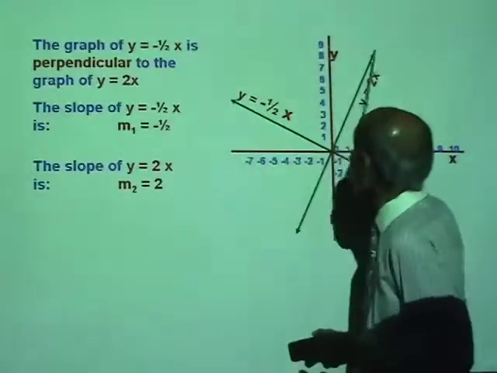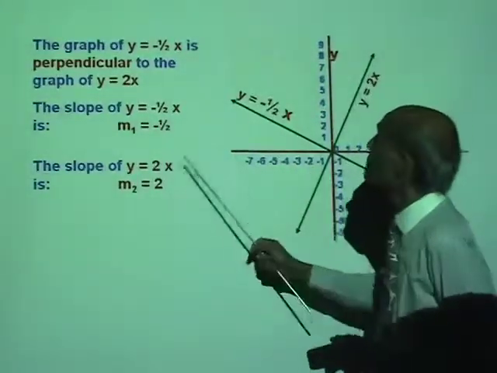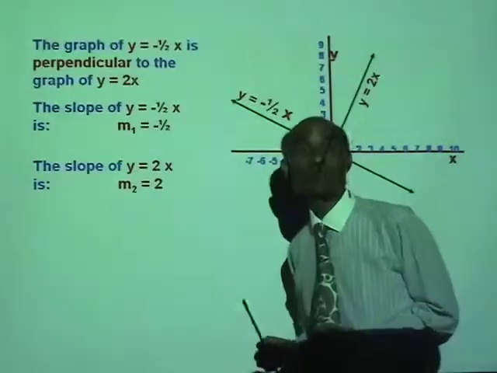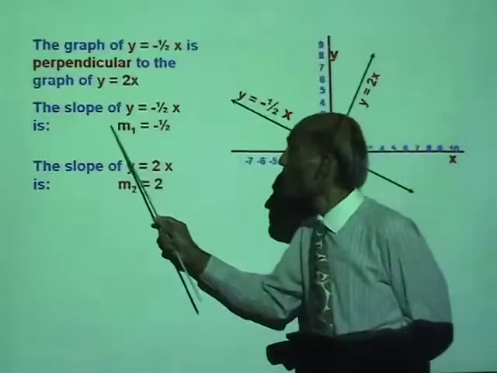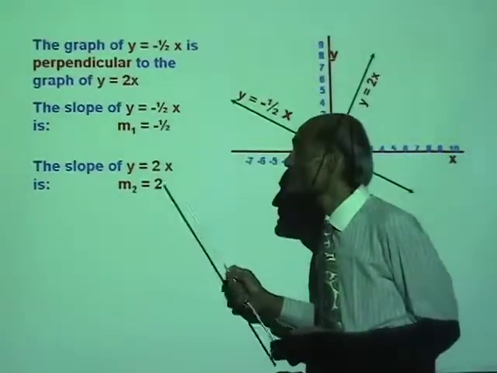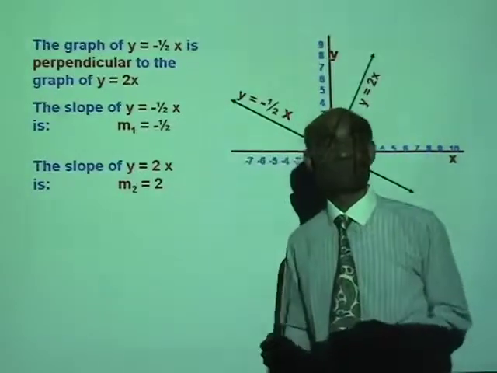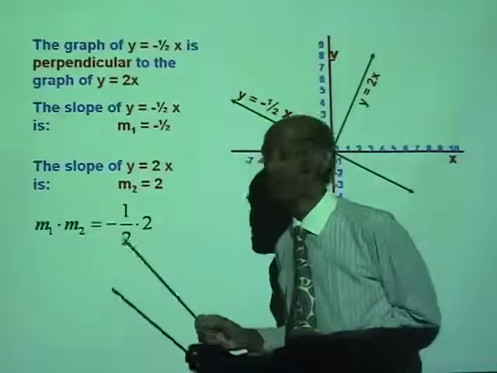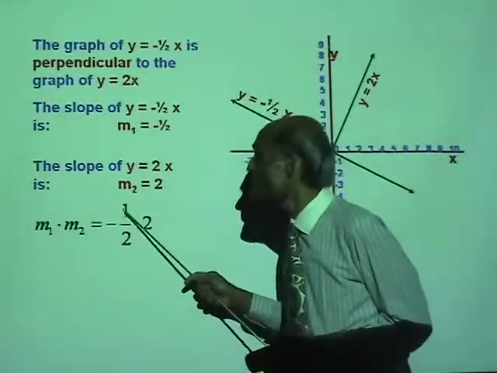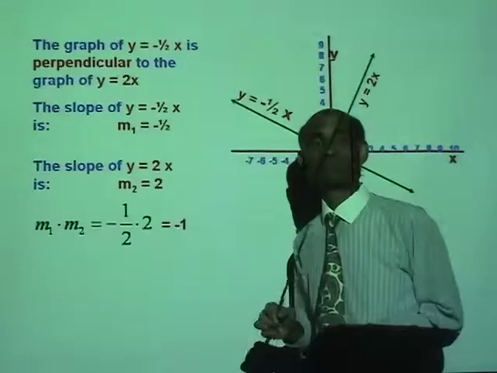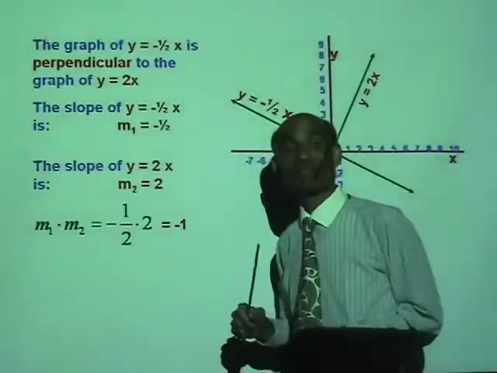And the slope of the other line, y equal to 2x, I'm going to call m2, and that is equal to 2. The slope of the first line is negative 1/2. The slope of the second line is 2. Tell me, if I multiply the two slopes, what is the value of negative 1/2 multiplied by 2? It is negative 1.